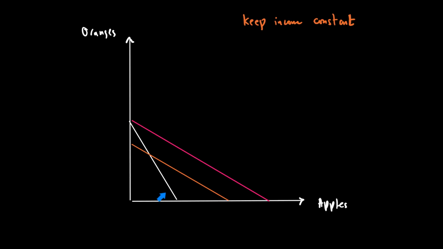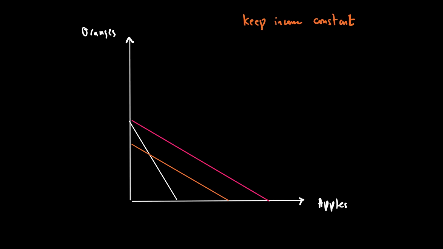So moving from the white to the orange line simply means apples are becoming relatively cheaper than oranges. But then from this orange line, I add my change in real income, that is your income effect. I ultimately go to the pink line, and this pink line has both the substitution effect and the income effect.